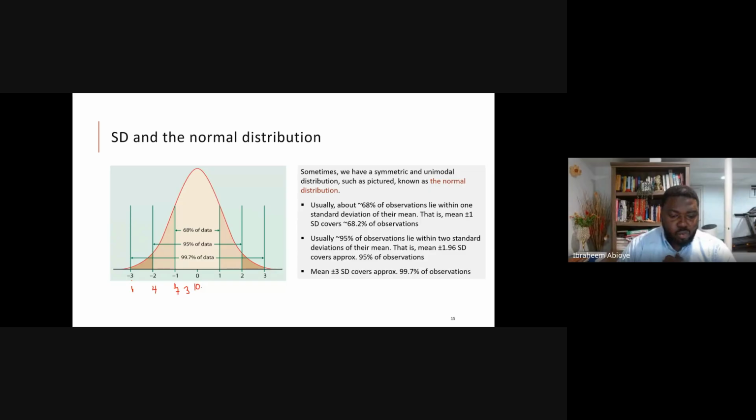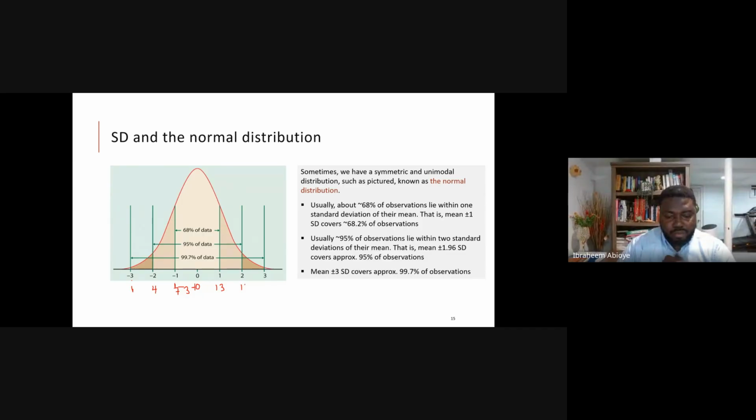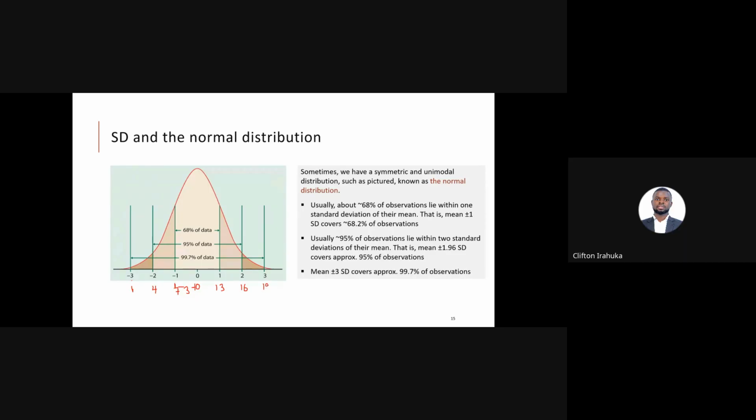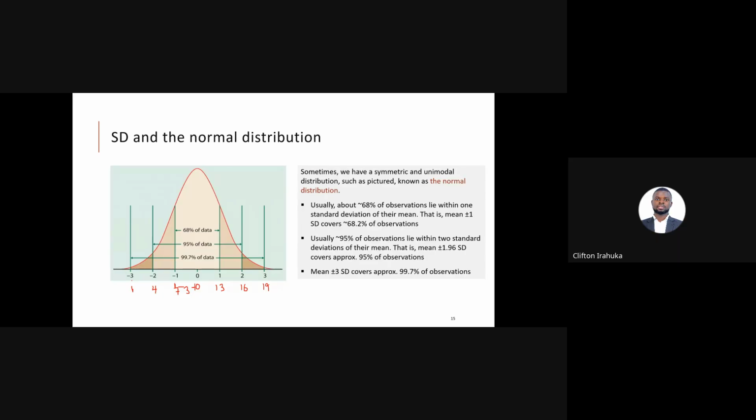Plus 1 standard deviation is 13, because the standard deviation is 3, right? Plus 2 standard deviation is 16. Plus 3 standard deviation is 19. Okay, I've got that. Thank you so much.